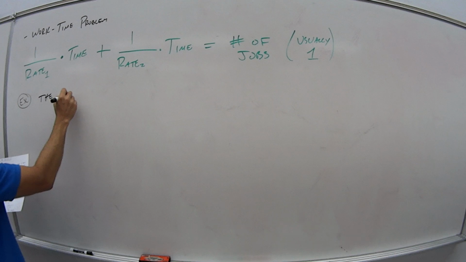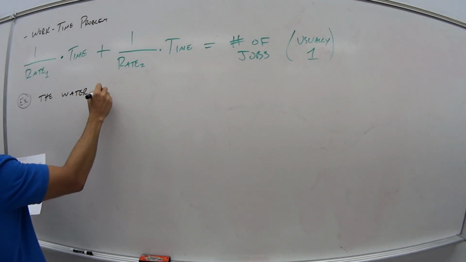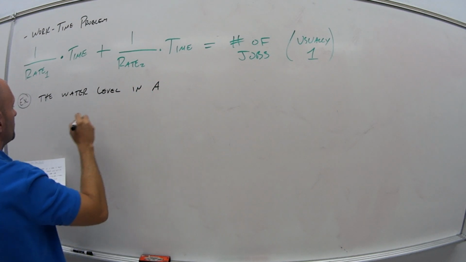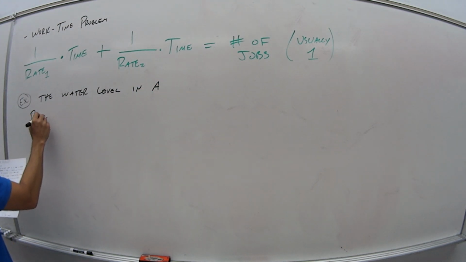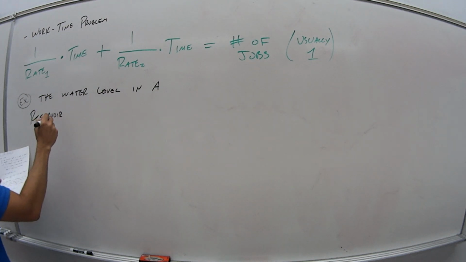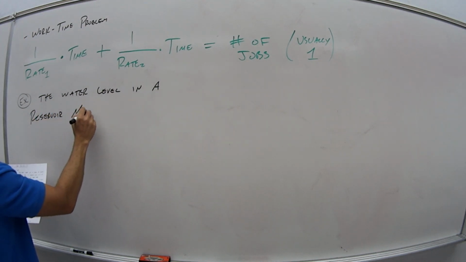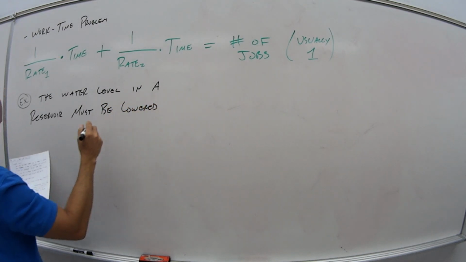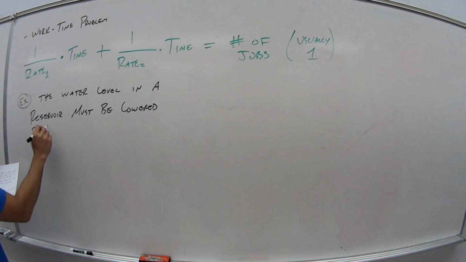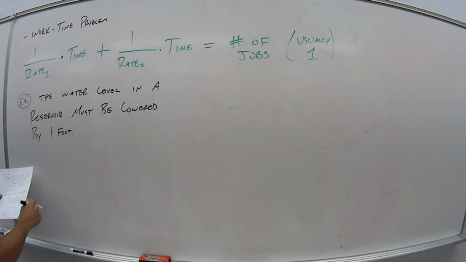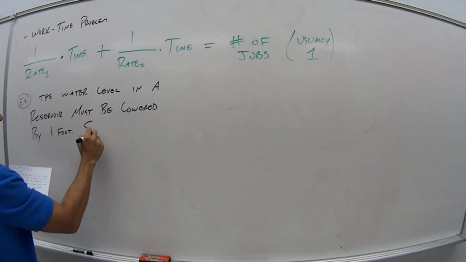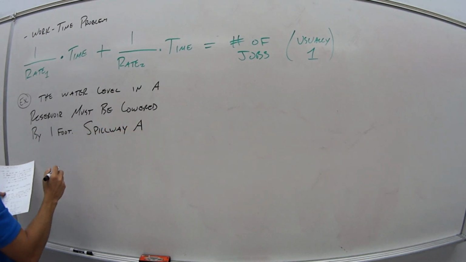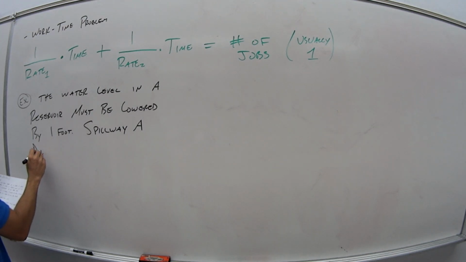So we have the water level in a reservoir must be lowered by 1 foot. Spillway A does this in 4 hours.